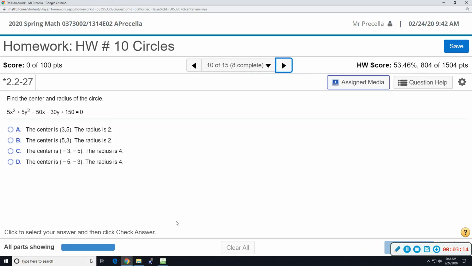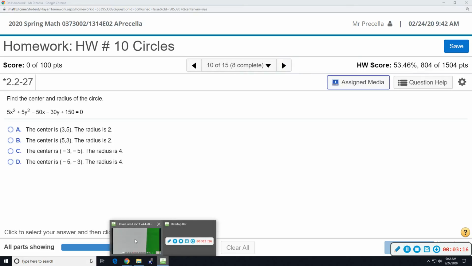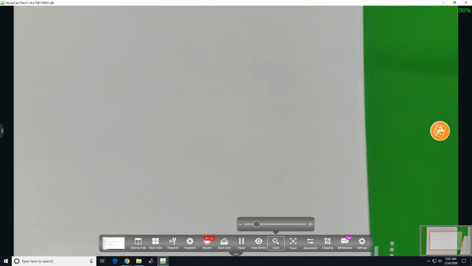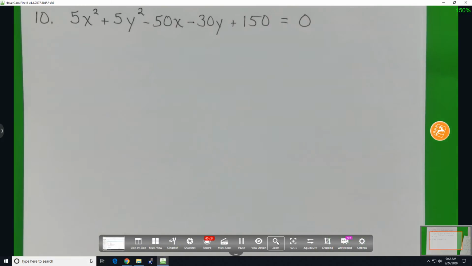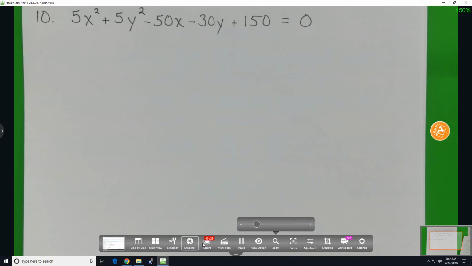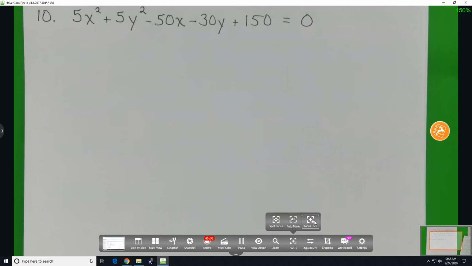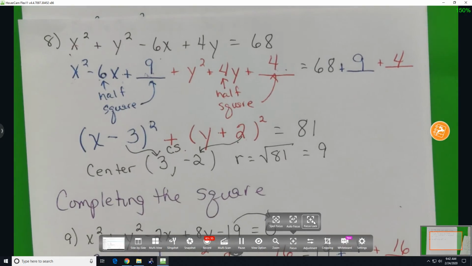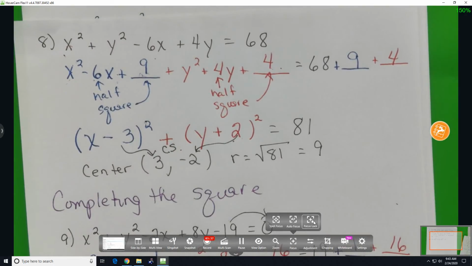So, let me move this down, and let me lock, not zoom, where's that focus button? Lock the focus so that it isn't doing a constant zoom attempt to focus there.